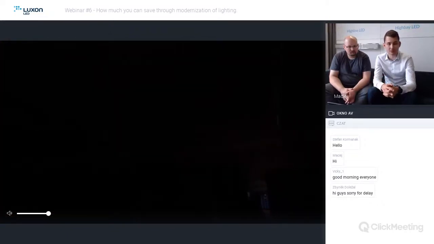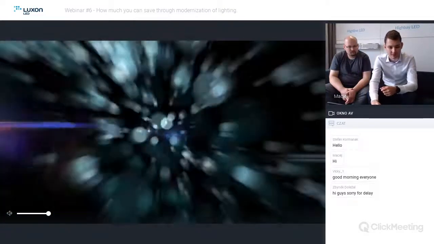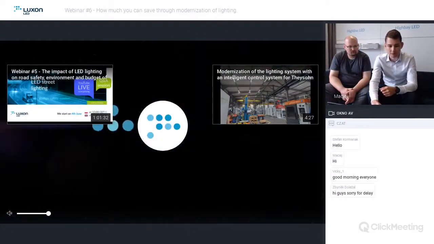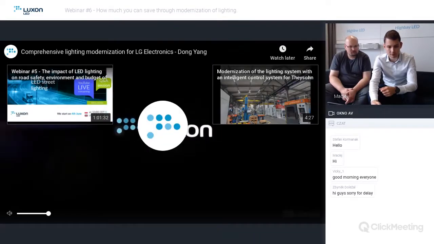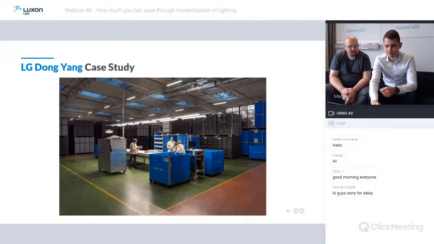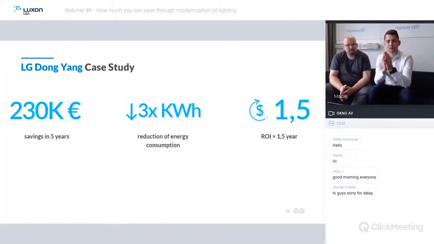So that's really a lot of additional light for comfort and safety of production. Okay, we can go back to the presentation. So for LG, we saved 230,000 euros within 5 years, but this is only return on investment. This is not TCO. We will talk about it later, but this is only return on investment.